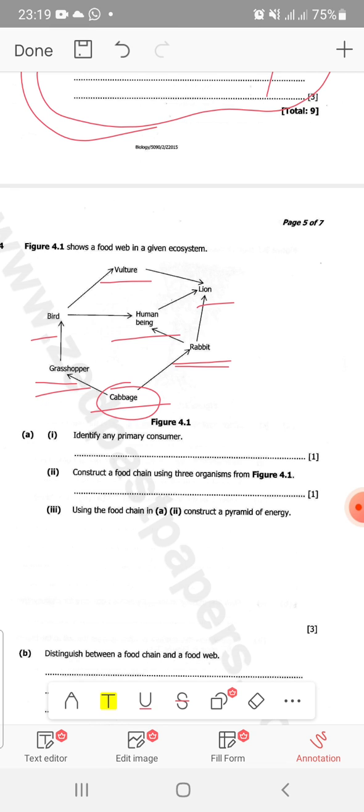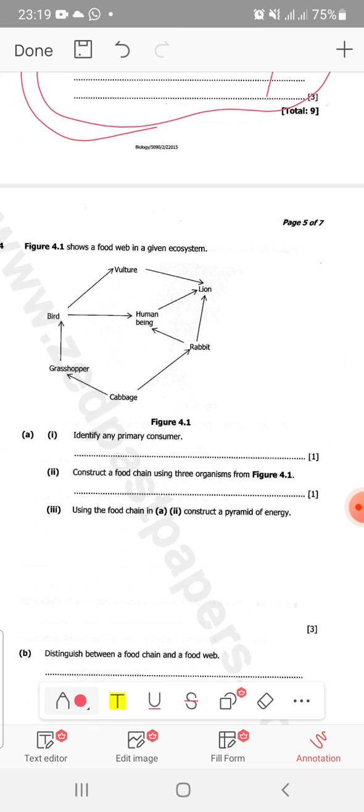So for you to construct a food chain, you must not leave out cabbage. What we want is 3 organisms from this food web.